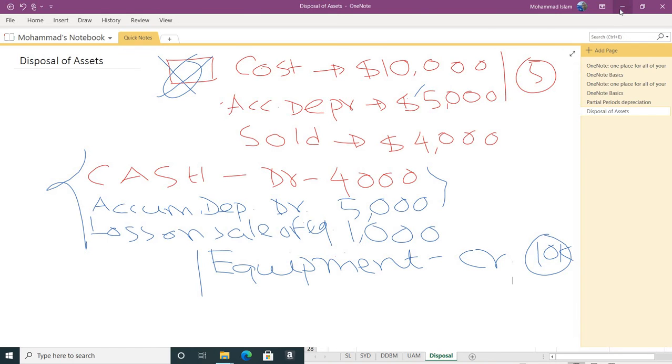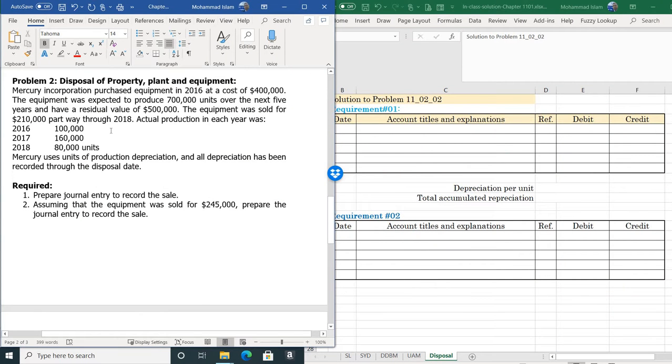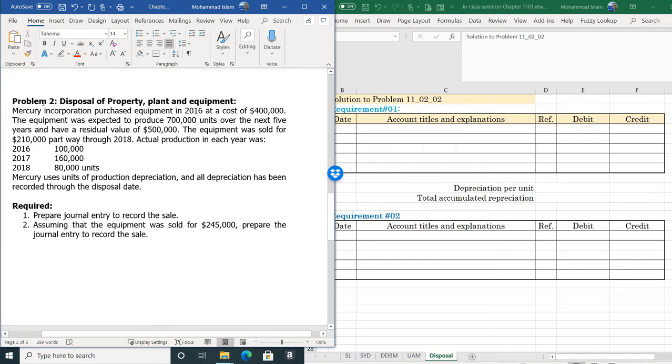Now let's solve one problem. This problem is already on Learn. This is the problem set chapter 11.2 and problem number 2, disposal of property, plant and equipment. Mercury Incorporation purchased equipment in 2016 at a cost of 400,000. The equipment was expected to produce 700,000 units over the next 5 years and have a residual value of 500,000. The equipment was sold for 210,000 partway through 2018.